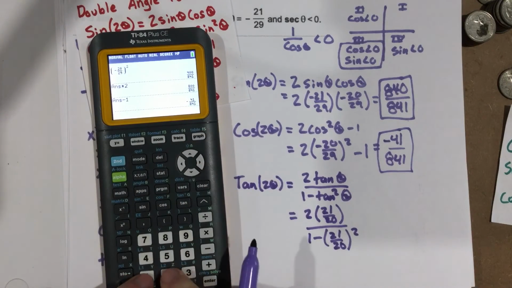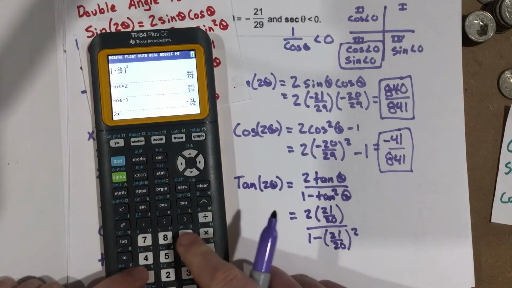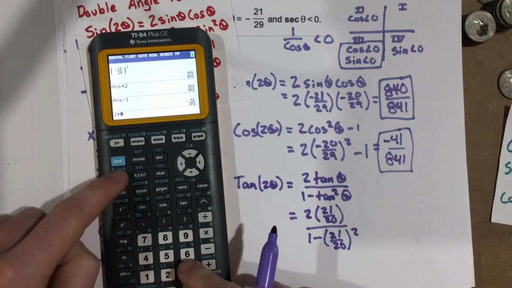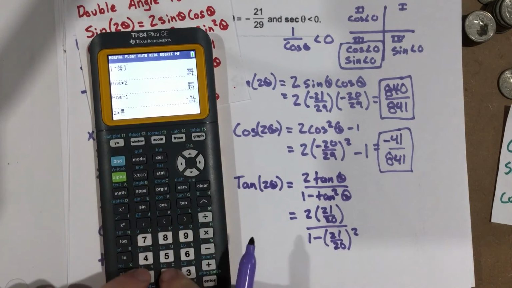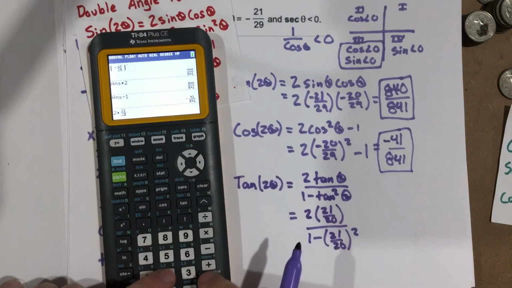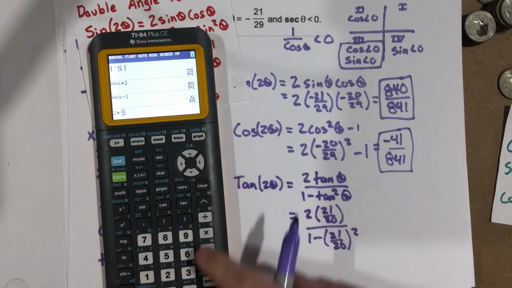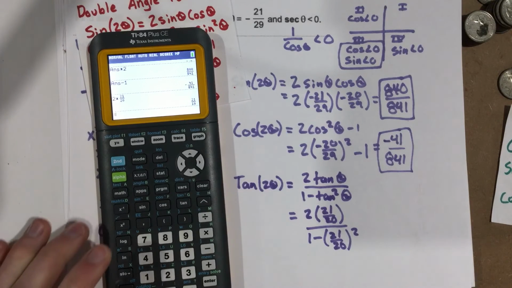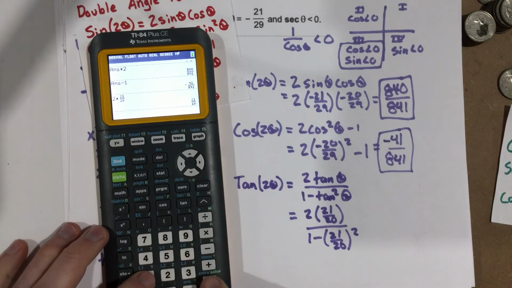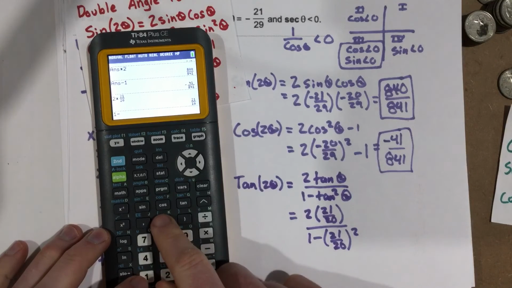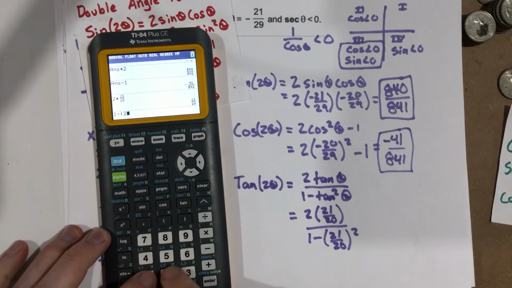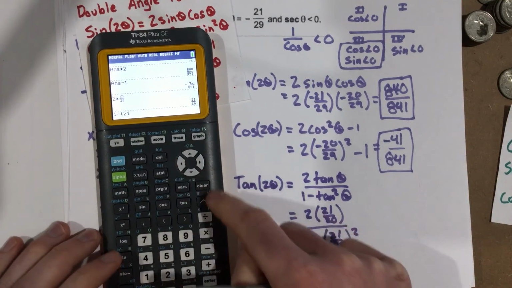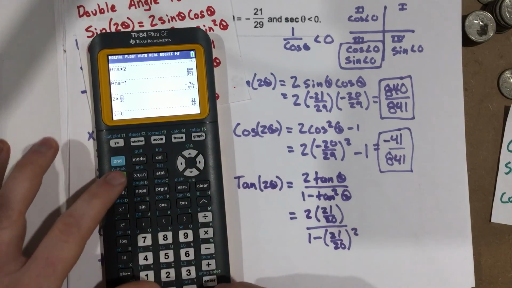So let's go ahead and do 2 times, and we'll use the fraction, 21 over 20. And then we're going to do 1 minus 21 over 20 squared. Oh, better use the fraction here.